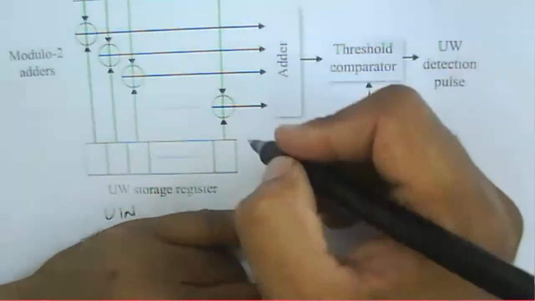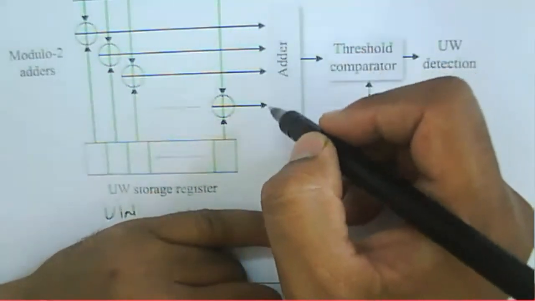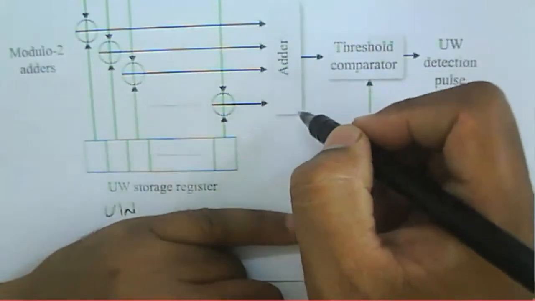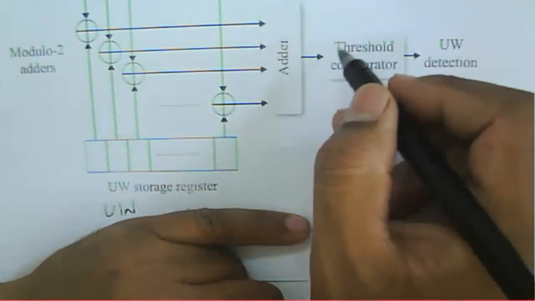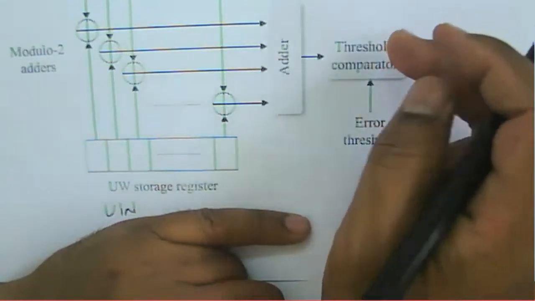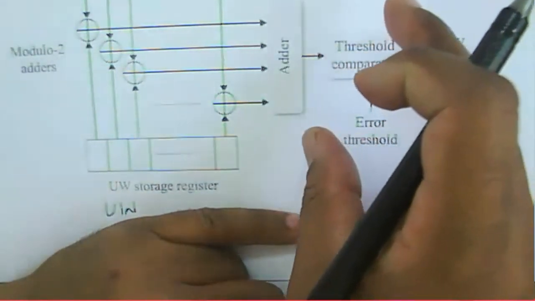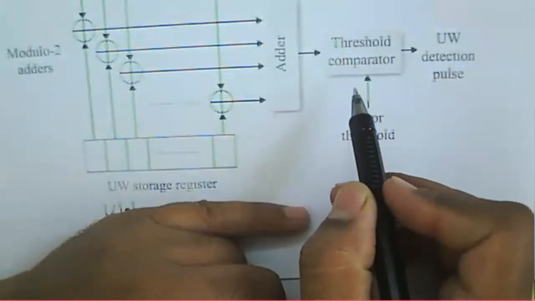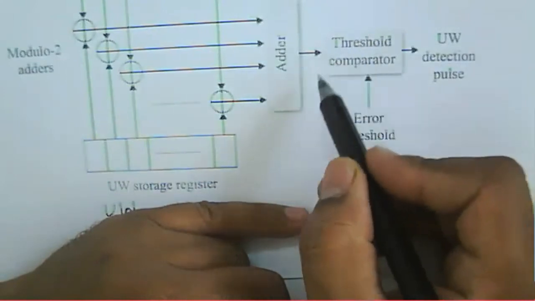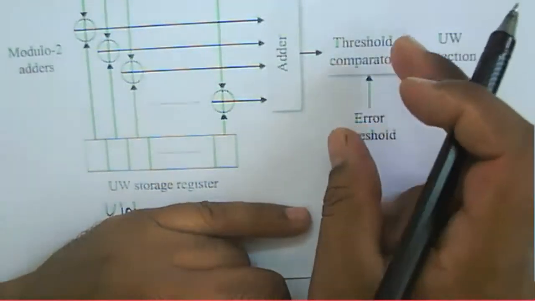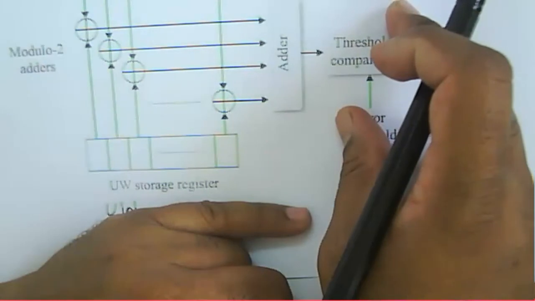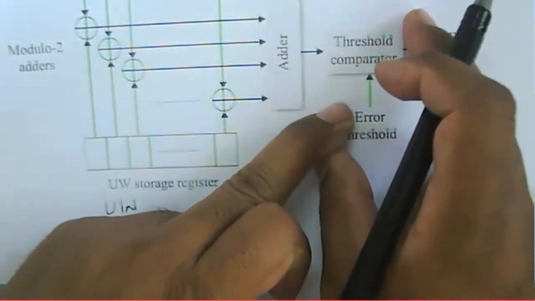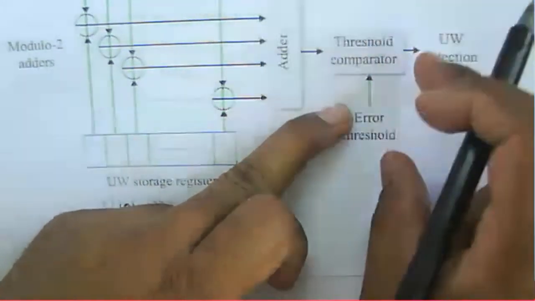If the received data pattern is identical to the unique word pattern, then what happens? The comparator output may show the detection pattern that was transmitted by the transmitter. And if that pattern is not supposed to be the unique word pattern, then there will be a false detection.